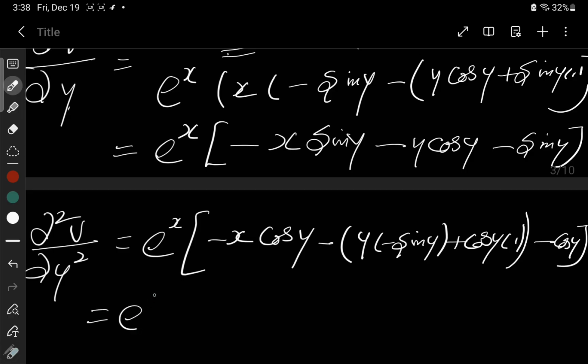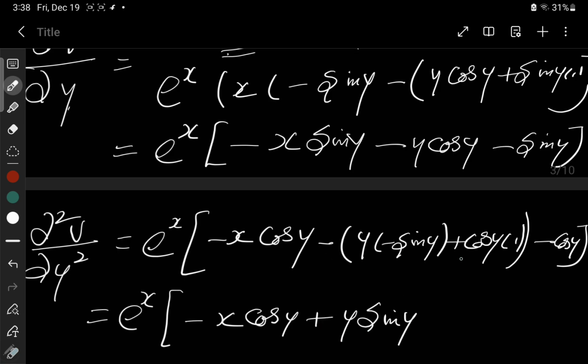So remove all the brackets: e power x, minus x cos y. Multiply this with the minus sign: minus into minus, plus y sin y; plus into minus, minus cos y. Here a separate term, minus cos y.